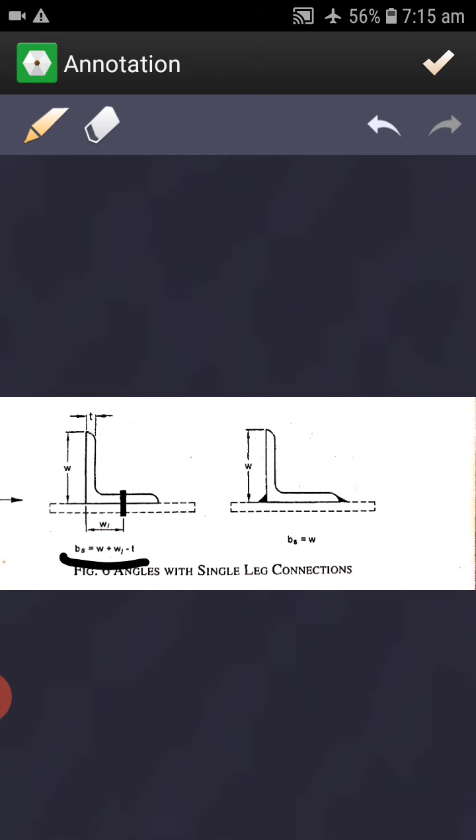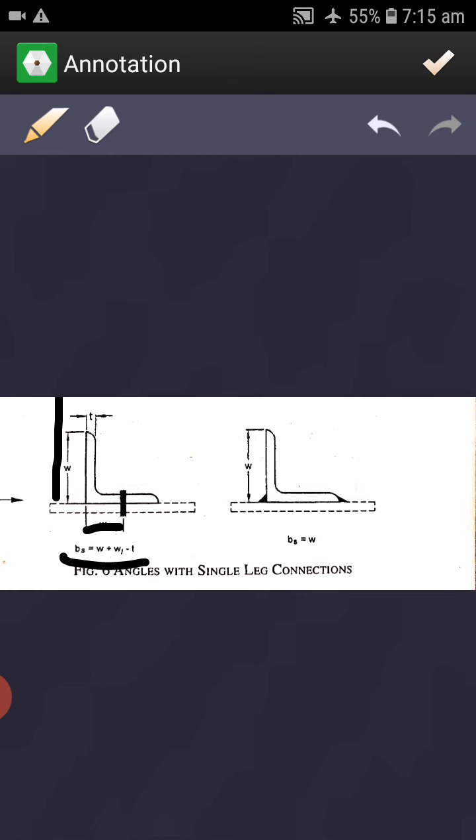W is the leg length of the outstanding leg, whichever is not connected. Plus WI means from the junction of the angle towards the center of the bolt. So that distance is from the junction of the angle to the center of the bolt. So we have to find out that distance. So that is W plus Wi minus T.